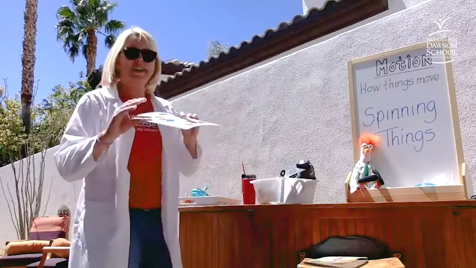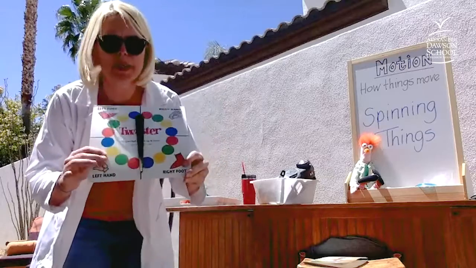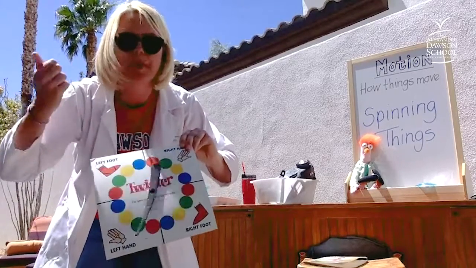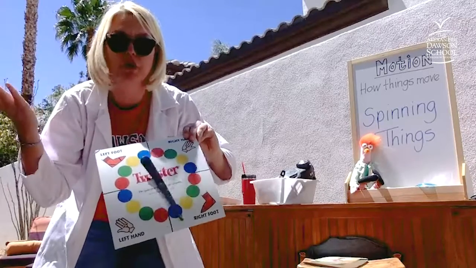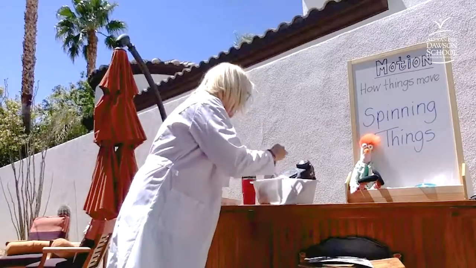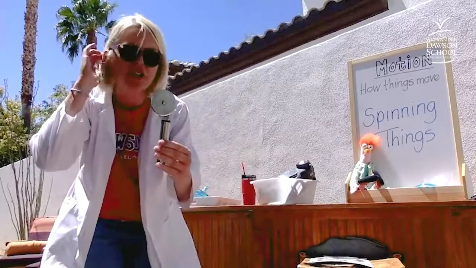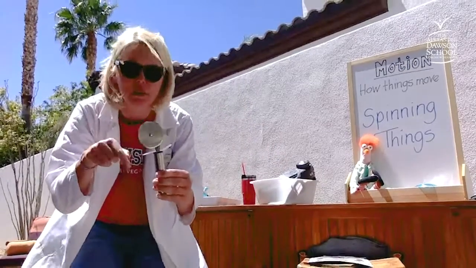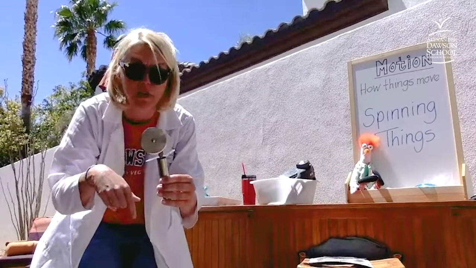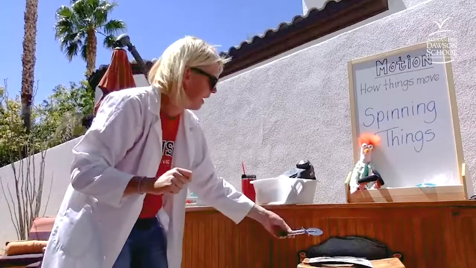We looked at all our games at our house, and the Twister game has a big spinner in there. And you push it, and here it goes. Great example of a spinner. We also found the pizza cutter that they talked about in the book, and you can make the wheel spin around and around. Be careful, it's a pretty sharp knife.